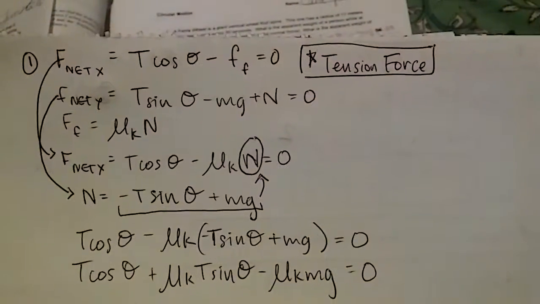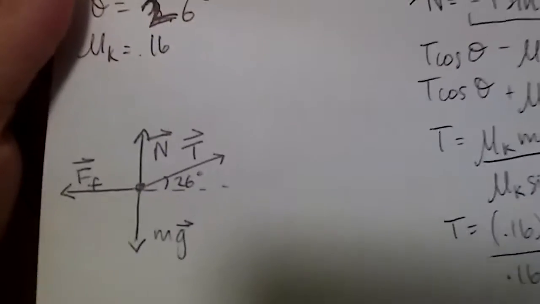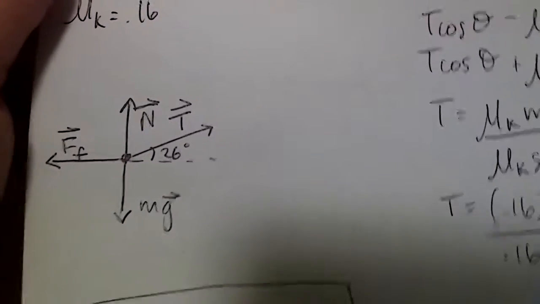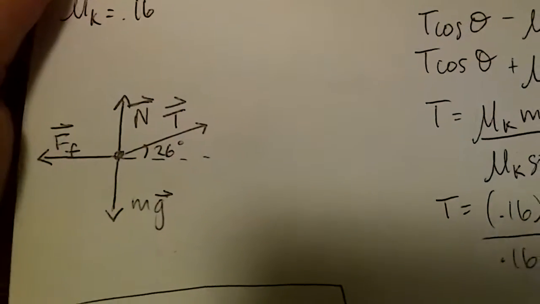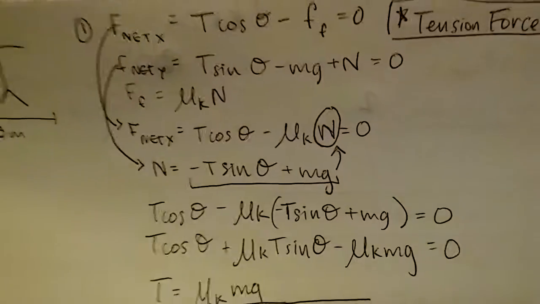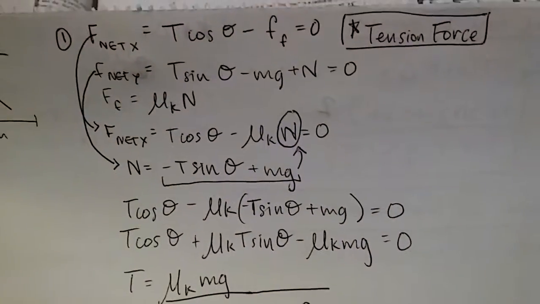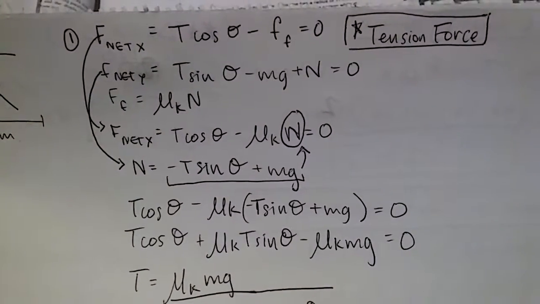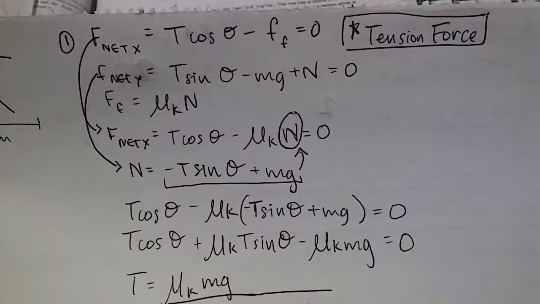So start with the first part, where I look at the tension force, and that's T in my free body diagram. So I find the total forces in the x direction, which would be T cosine theta minus the friction force.